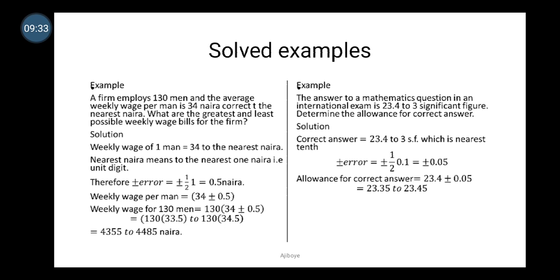So it is possible that the wage of a man is 34 naira 00 kobo, or 34 naira 30 kobo, and it is possible that it is 33 naira 50 kobo, because if you approximate 33 naira 50 kobo to the nearest naira, you will still get 34 naira.